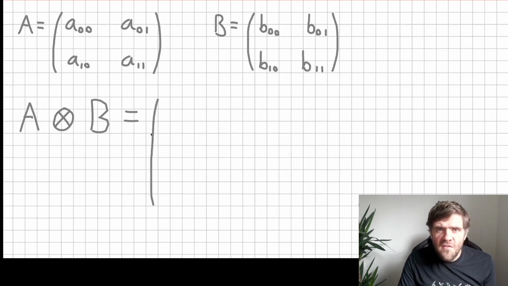I kind of think of it as inserting the matrix that's on the right into the matrix on the left. So what I mean by that is we make a bigger padded out version of the matrix on the left. The top 4 elements are all going to be the top element of this matrix. So we take this element here and we copy it 4 times.